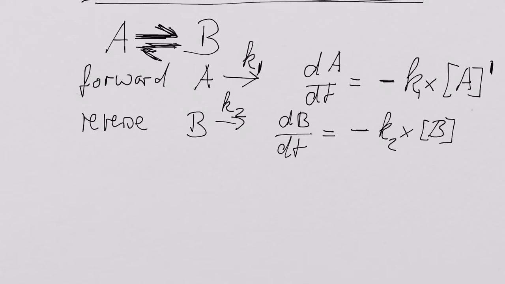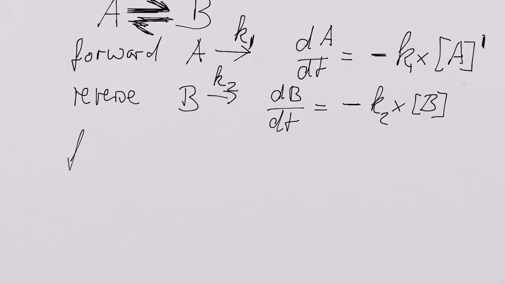What would happen if the forward reaction was exactly the same as the reverse reaction? So if we say forward equals reverse, what would happen? So A is converted into B, B is converted into A at the same speed, and we would reach an equilibrium.